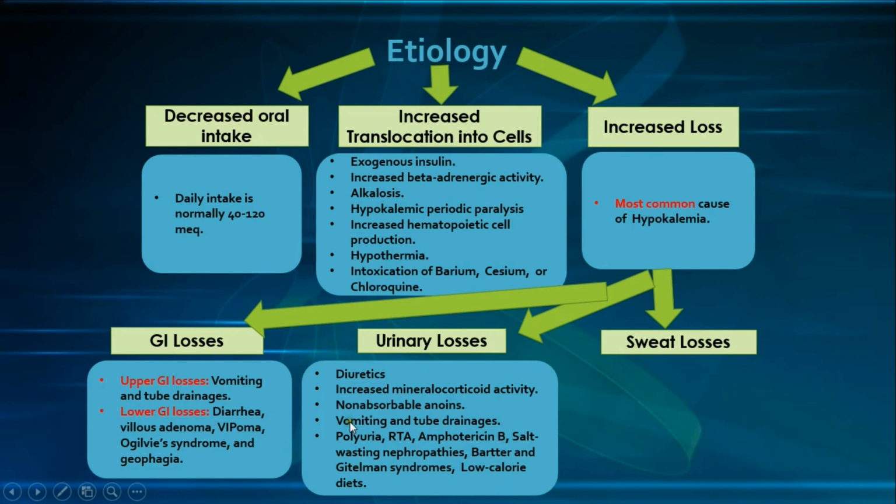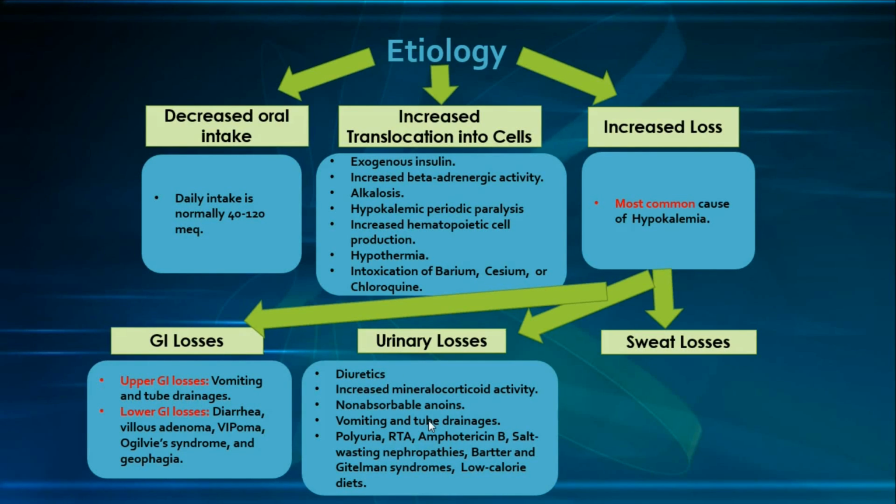Our fourth cause, which is vomiting and tube drainage, was already explained previously in the upper GI losses, but I've also included it here because the main mechanism is actually urinary, by which you have hypokalemia in vomiting and tube drainages.